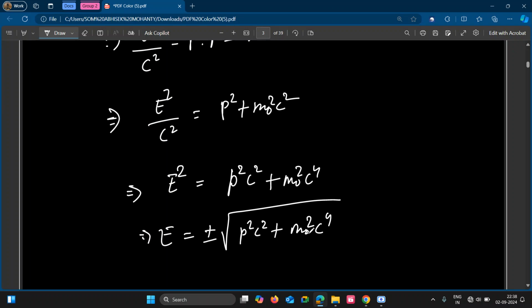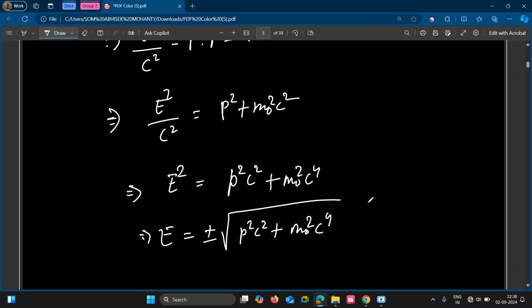So we are getting two values of E, plus or minus. Both positive and negative values of energy exist here.